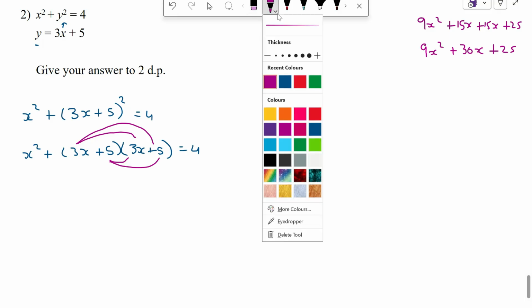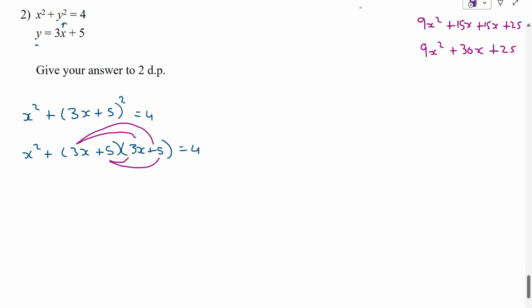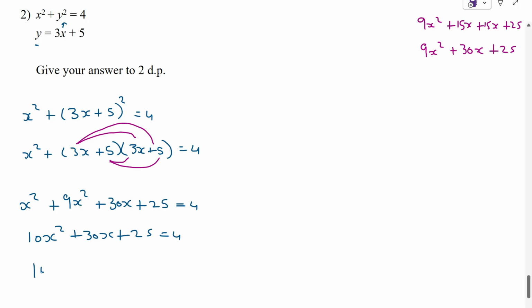So let's go ahead and substitute that into the equation. And we'll just collect the like terms. Now last step, let's take this 4 over, so this whole equation equals 0.